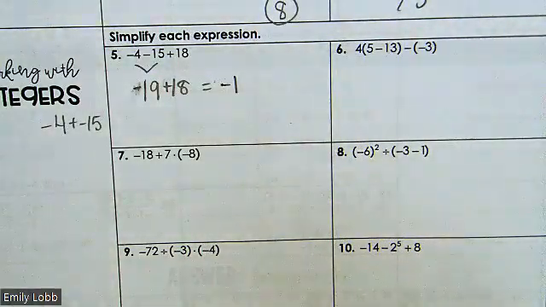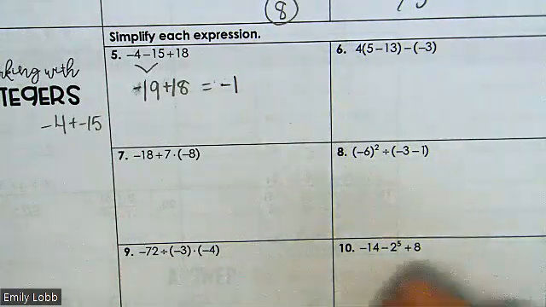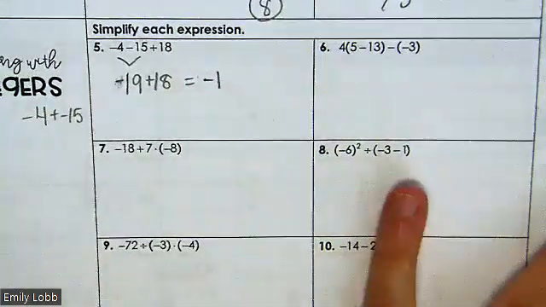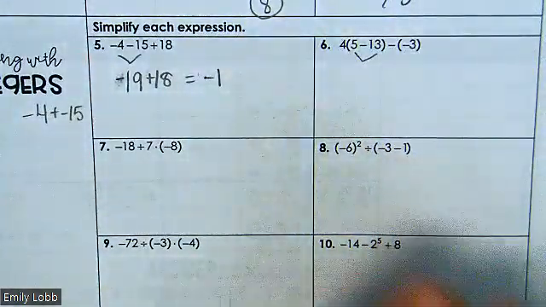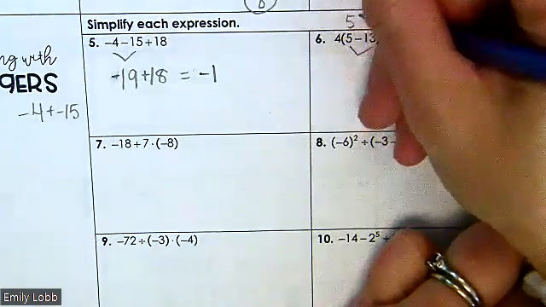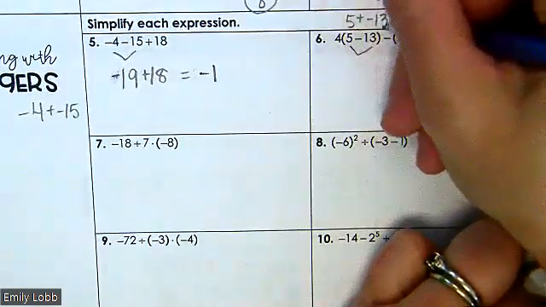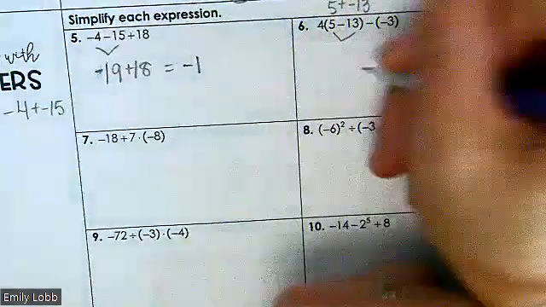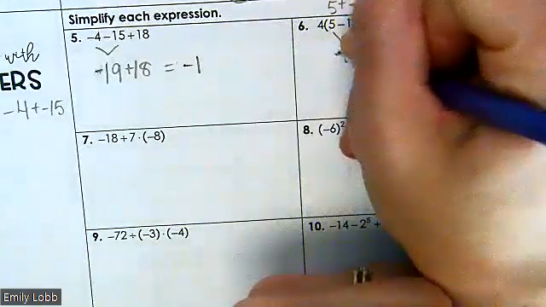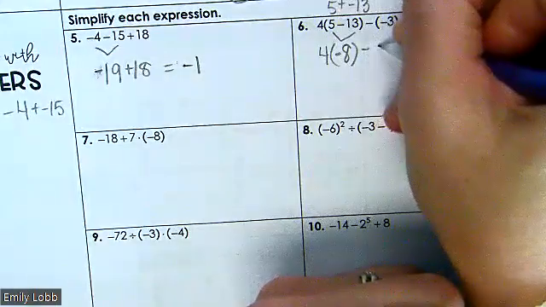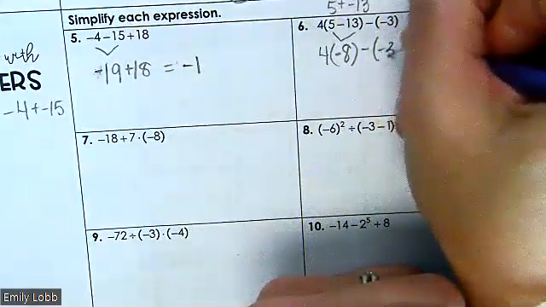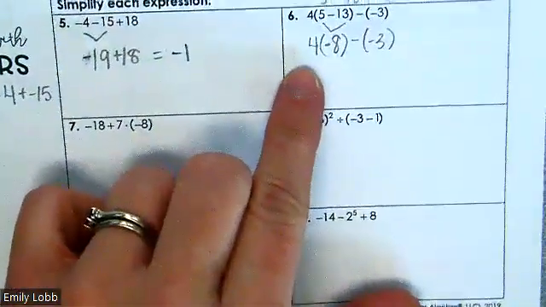All right. What do we do first for number 6? We have to do what's in these parentheses. What's 5 minus 13? This is like 5 plus a negative 13. 8, but it is negative. I'm going to put it in parentheses because that parentheses is also going to show multiplication here, right?